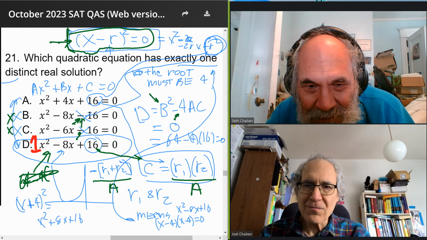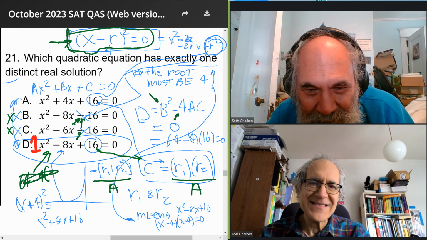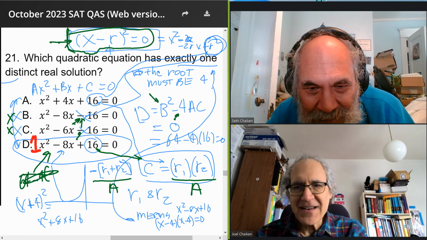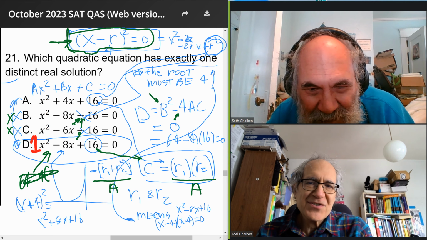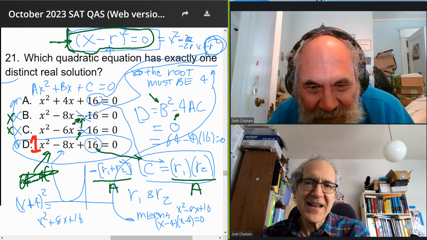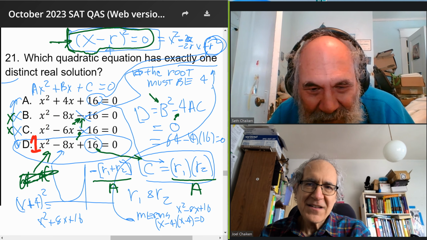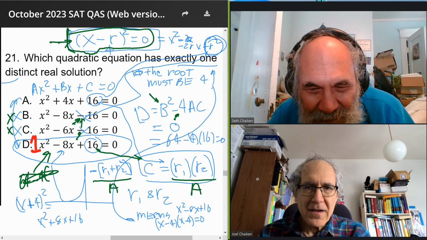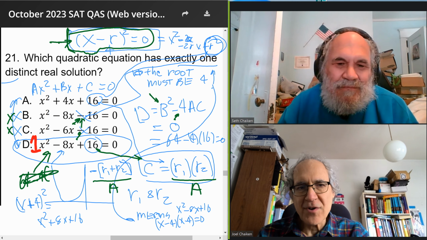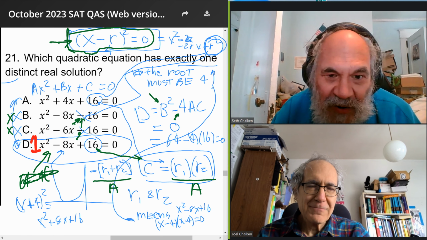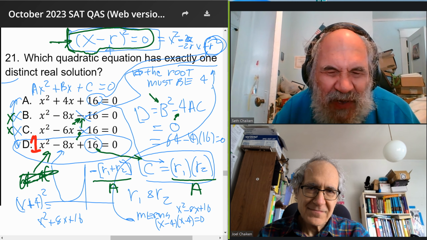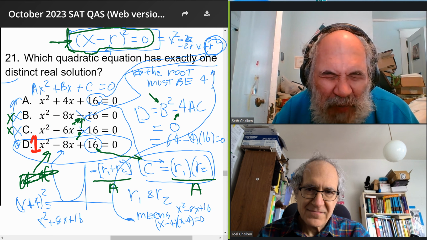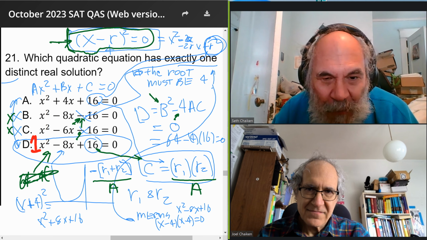Because this problem can be done different ways, it's not really all that clear what the intention of the test maker was, other than understanding how to deal with quadratic equations and understanding the facts about their roots. That's a pretty broad topic. And of course it includes basic arithmetic.